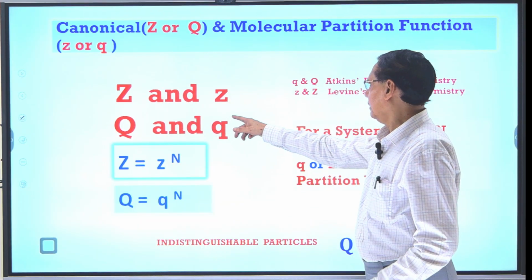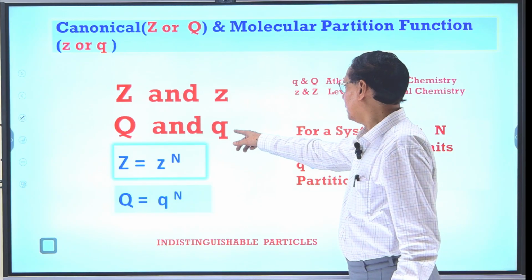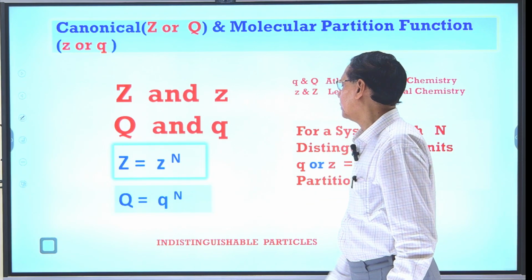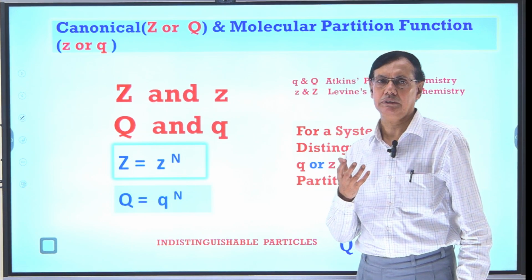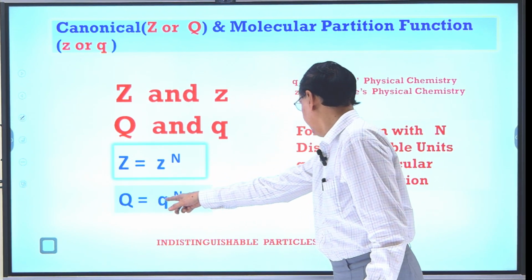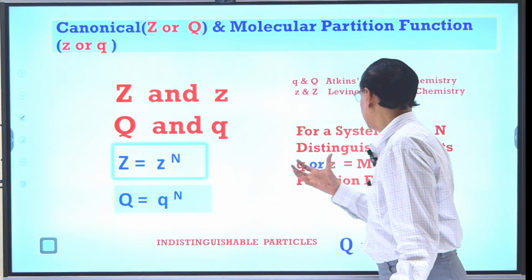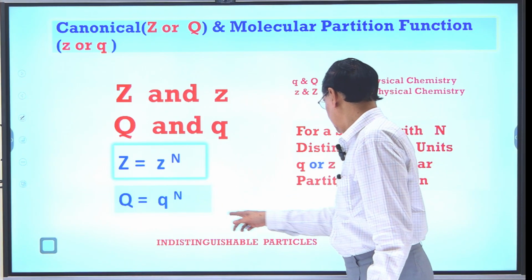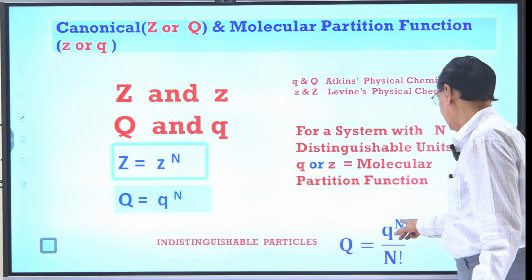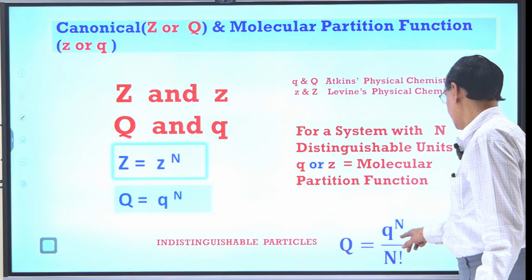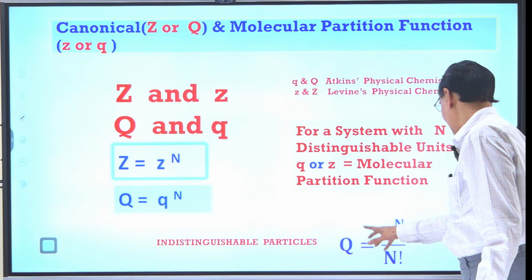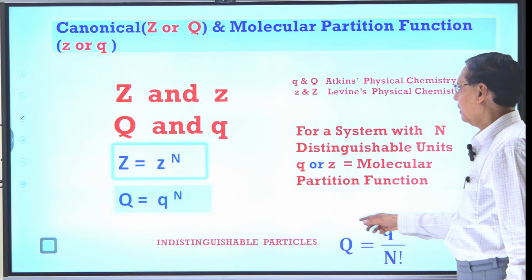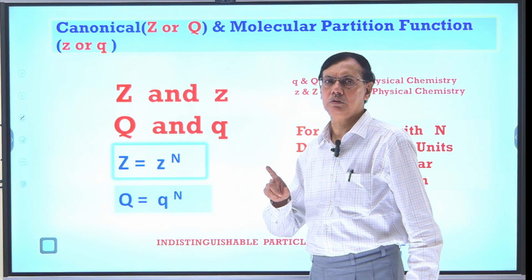So if it is small q, it is the molecular partition function, and there is a relationship that if the particles are distinguishable, then of course Q is equal to q^N, where N is the number of molecules, divided by N factorial, the total number of systems. So today I will use small q.